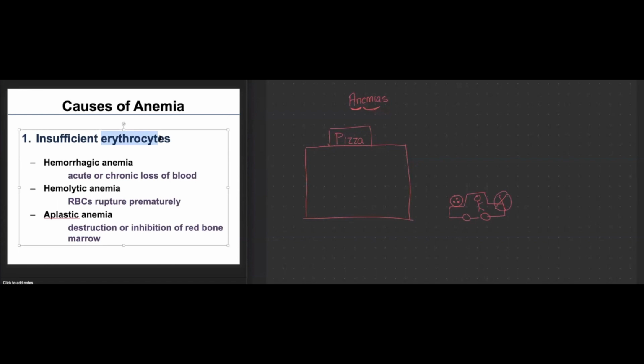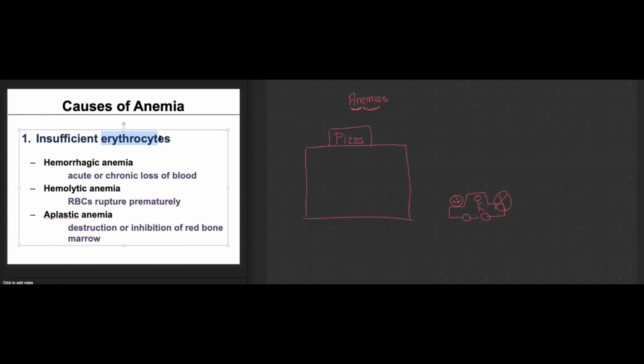Why might I not have enough red blood cells to carry the oxygen to my tissues? If I did have hemorrhagic anemia, so I did bleed large amounts of blood, and this amount of blood lost from the circulation will reduce the number of red blood cells present to deliver the oxygen.